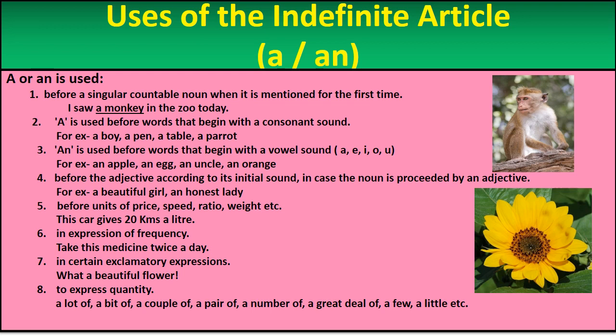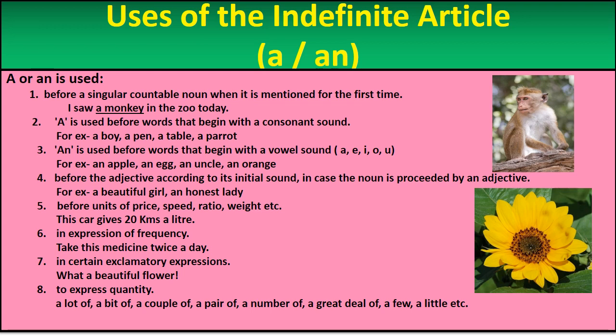Number 5, before units of price, speed, ratio, weight, etc. For example, this car gives 20 kilometers a liter. It means in 1 liter petrol, this car runs 20 kilometers.